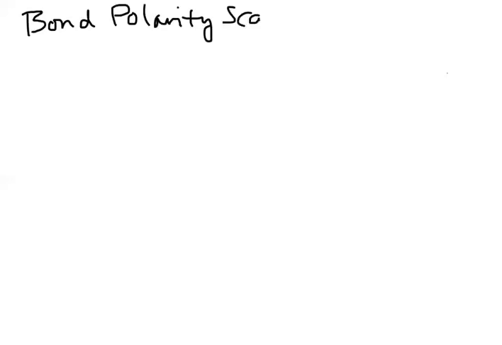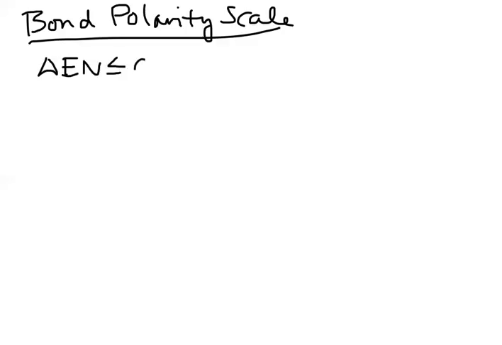Bond polarity scale, which will be given to you on the test. If your delta EN is less than or equal to 0.4, you have a nonpolar covalent bond. And I will talk to you about what a nonpolar covalent bond actually means.